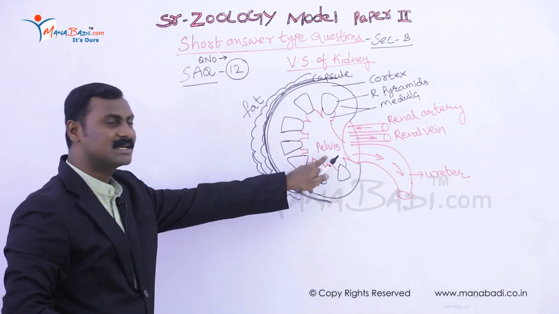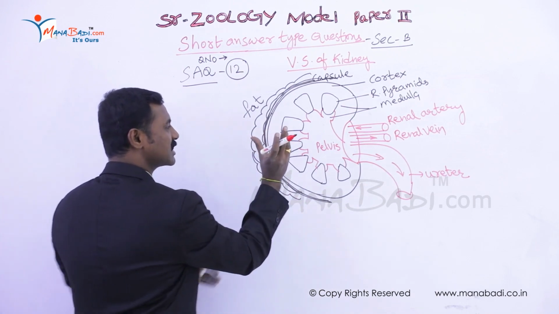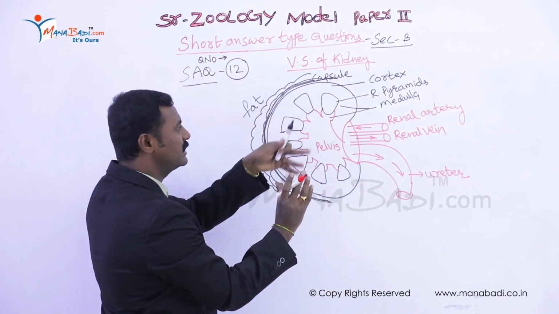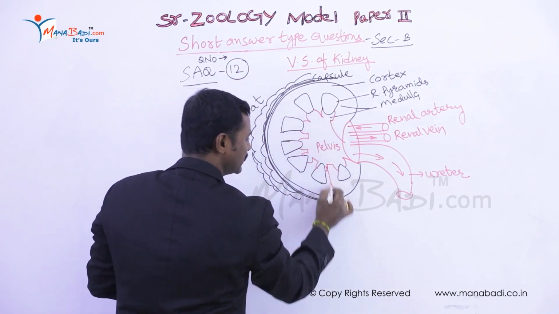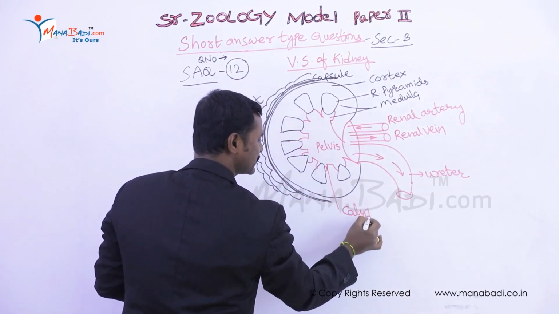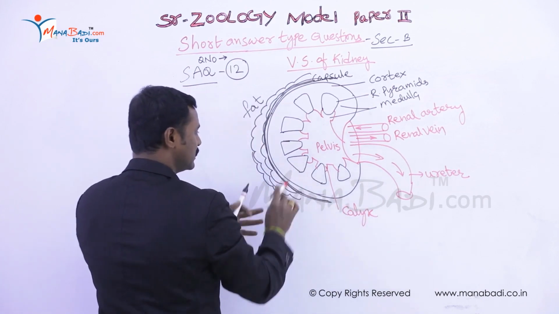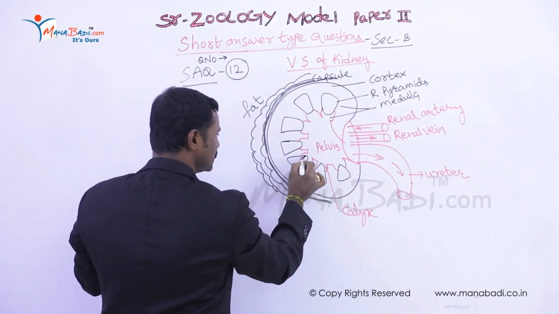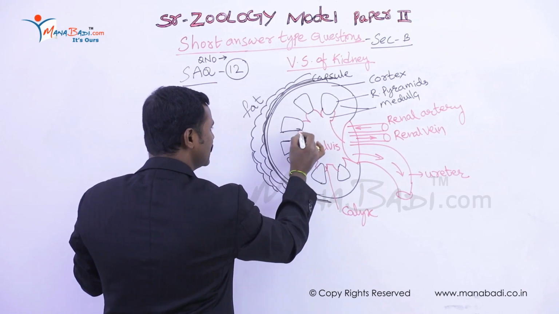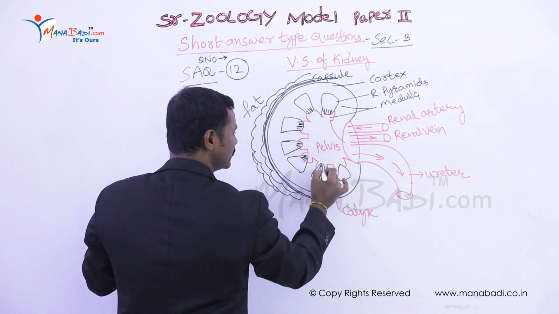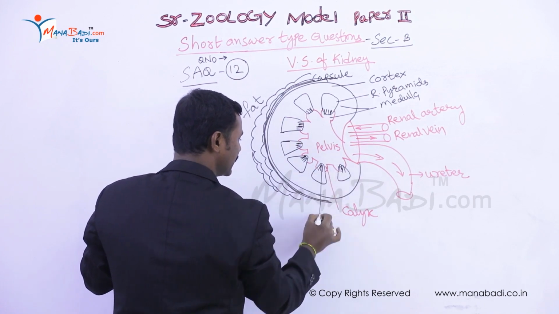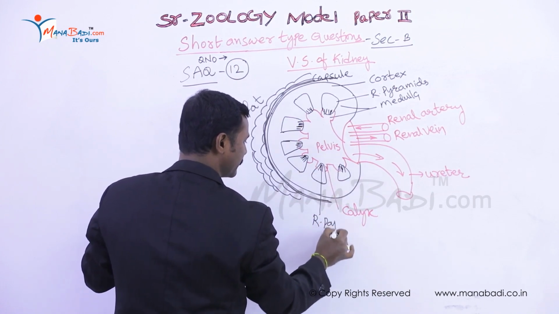What is the center part? Pelvis. What is the cup-like structure which is holding the triangle pyramid? This is the calyx. So I am writing here calyx. And the tip of the pyramid, you see this part, I am putting some minute small lines, you are observing. These are called renal papillae.